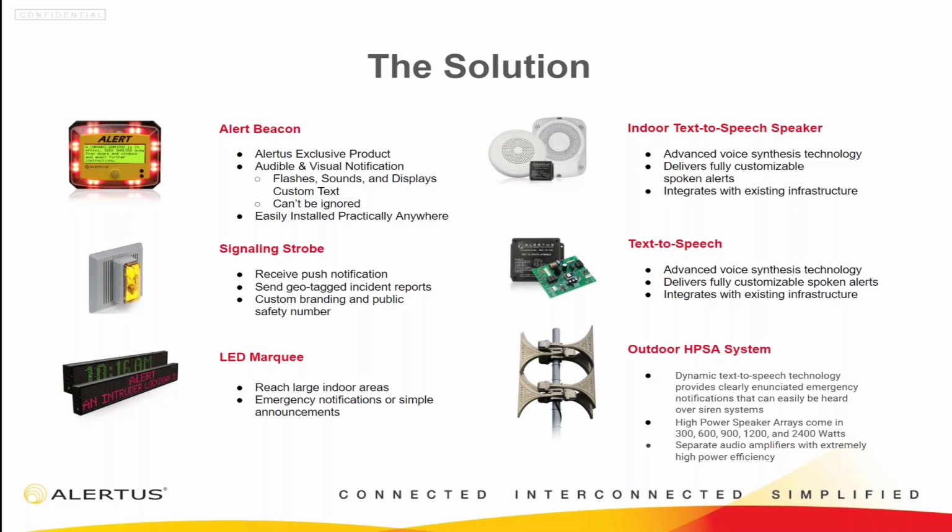Everything from our alert beacons that have both a visual and an audible notification built into it, we'll discuss in more detail shortly, to our own IP-based indoor speakers and outdoor high-powered speaker arrays with clear voice technology that's able to communicate with individuals over vast distances, utilizing our text-to-speech module to convert that visual representation of the message to an audible message that can then be sent over either our speakers or through the integration of a PA system or a general speaker system that the manufacturing or industrial area may have in place.